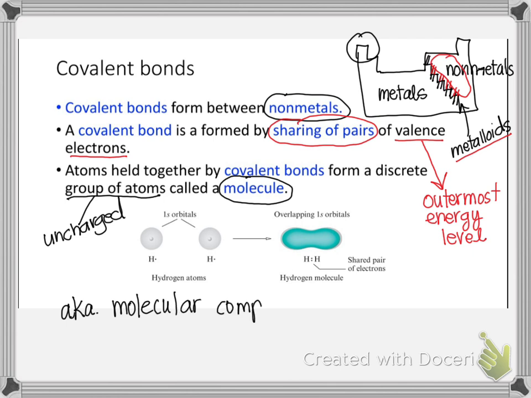And that name comes from the fact that compounds that have covalent bonds form molecules. So if you see something describing molecular compounds or asking about molecular compounds, then these are compounds that contain covalent bonds because they have little individual units.